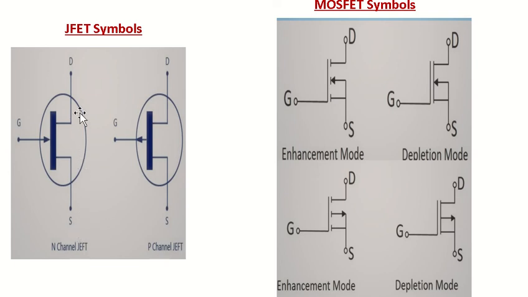As I said, it is a 3 terminal device. S stands for source, G stands for gate, and D stands for drain. N channel means it is made up of N type material. Symbolically there will be a bit of confusion, so I will tell you at the end after going through the P channel JFET also.